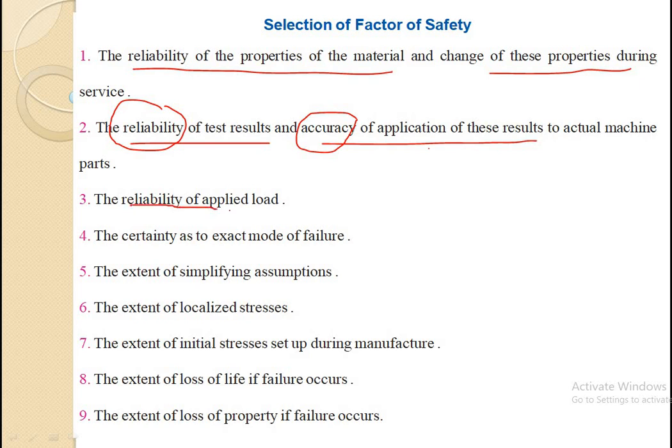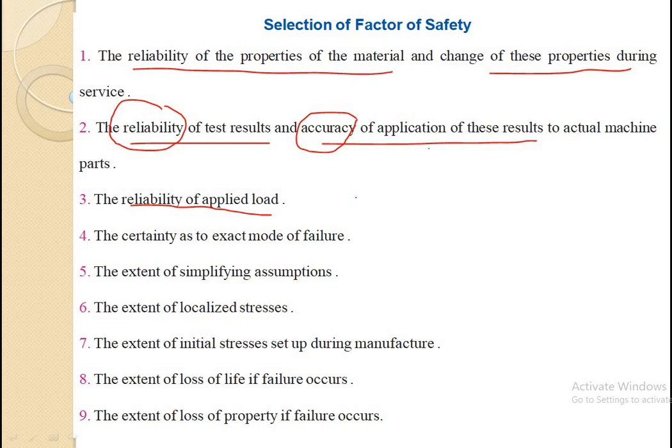Third part is the reliability of the applied load. We have already studied the different types of load which act on the element when that element is subjected to a particular application, whether it is a dead load, or a live load, or an impact load.